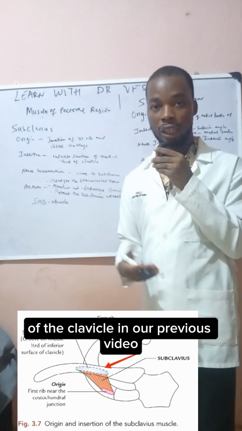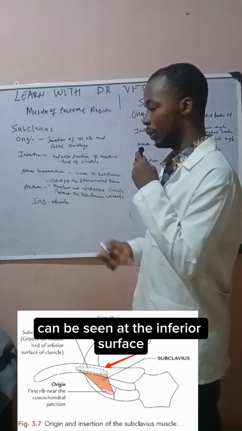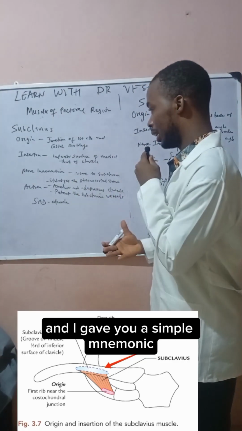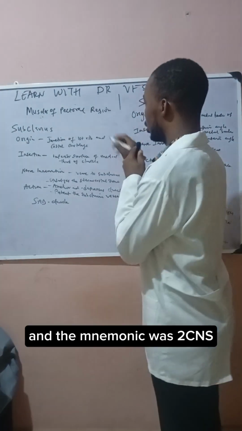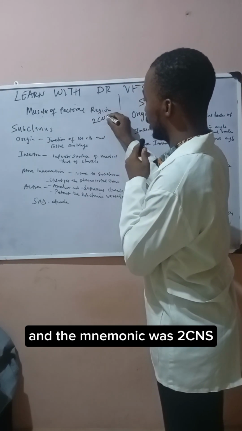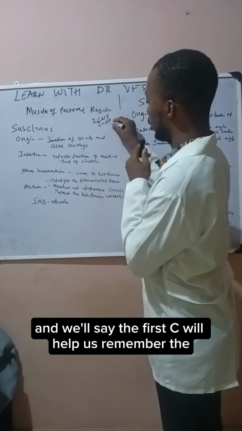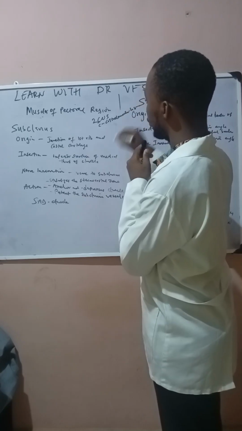In our previous video, I showed you 4 things that can be seen at the inferior surface of the medial third of the clavicle, and I gave you a simple mnemonic that can help you remember those 4 things. The mnemonic was 2CNS. The first C helps us remember the costoclavicular ligament.